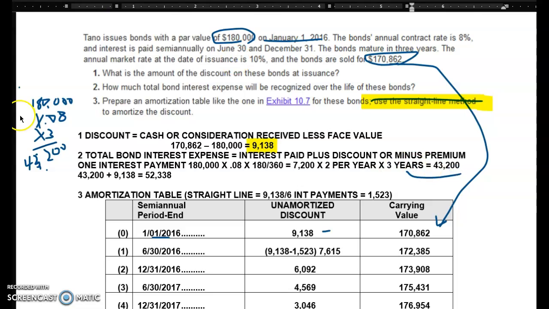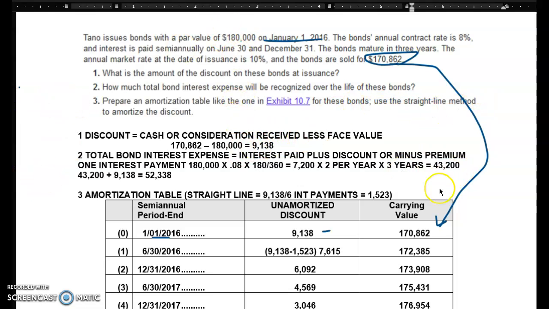So now that we've taken care of A and B, we need to complete filling out the amortization table. The problem says it's straight line.